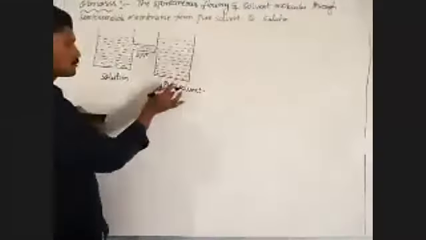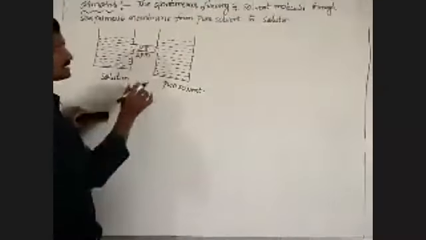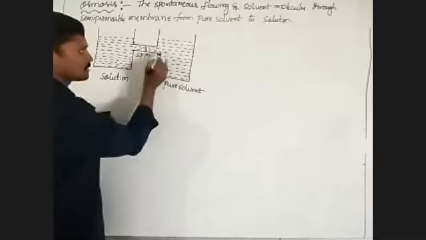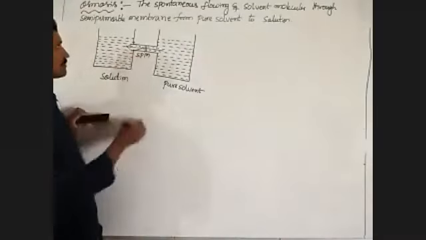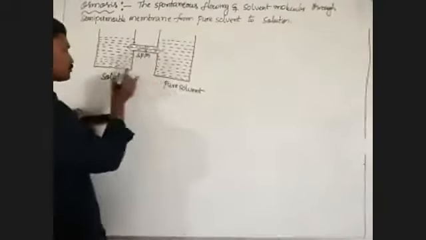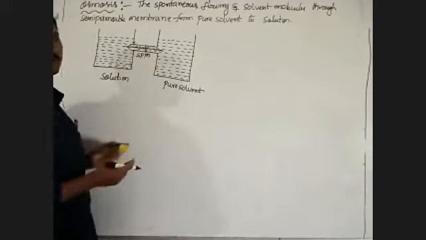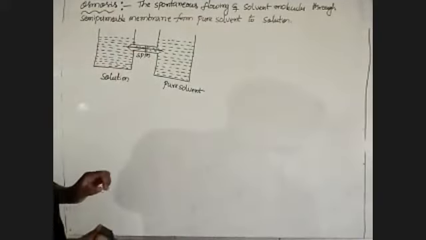That means this is pure solvent, this is solution. Generally, the solvent molecules flow from this side to this side, that means from pure solvent to solution side through the semi-permeable membrane. That is called osmosis.